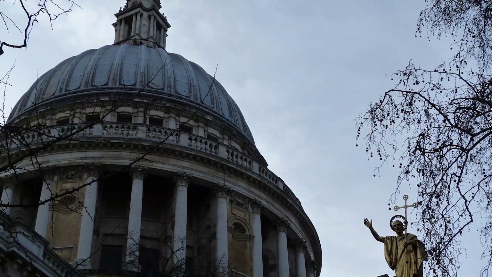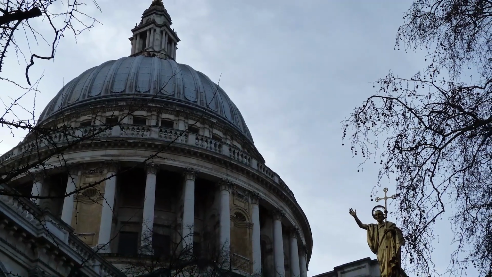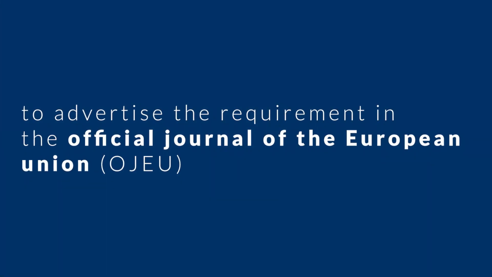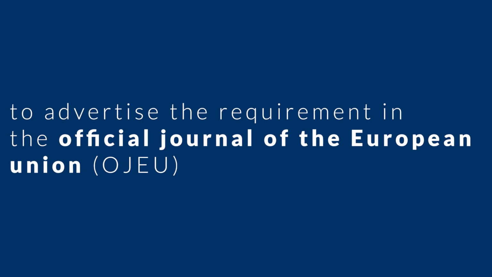In the European Union, for instance, public sector buyers will be required to advertise the requirement in the official journal of the European Union. Obviously, the rules are going to vary from one country to another. So the question is, what exactly does your Procurement Act, or whatever rules govern procurement in your country, say? Some countries have public procurement oversight.